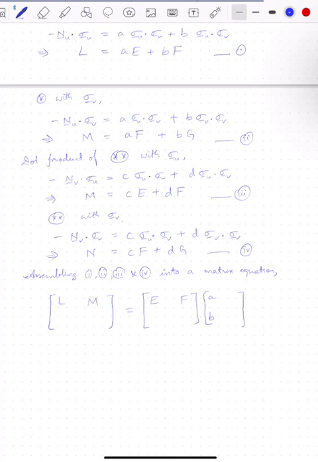Likewise, M is equal to E into C plus F into D. Here M also has another expression: M is equal to A into F plus B into G. So this will be G here.